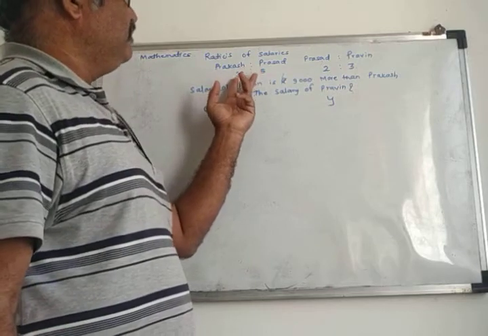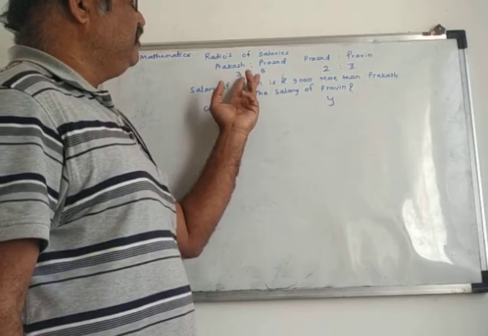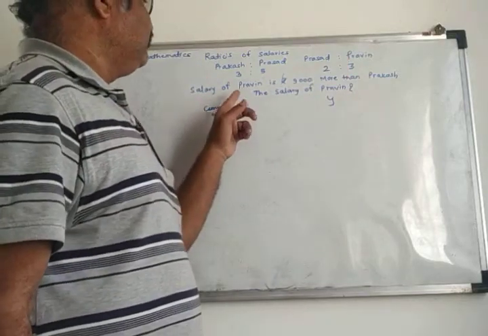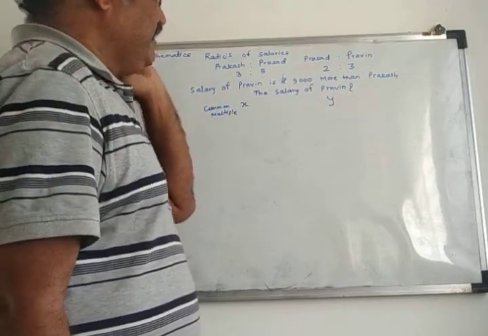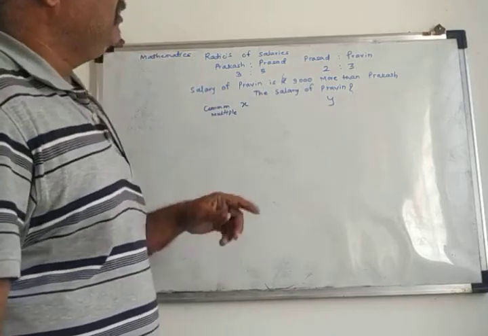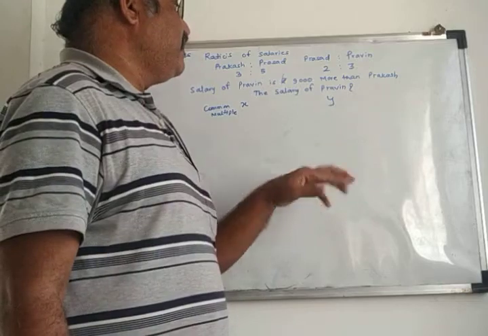They compared the salaries of Prakash and Prasad as 3:5, and Prasad and Praveen as 2:3. And they gave one more statement, a link: Praveen's salary is more than Prakash's salary by 9,000.